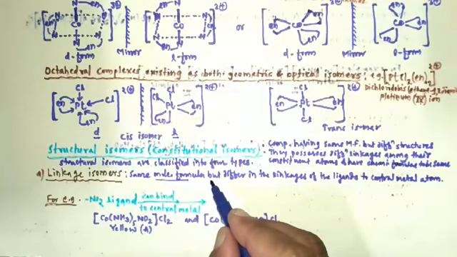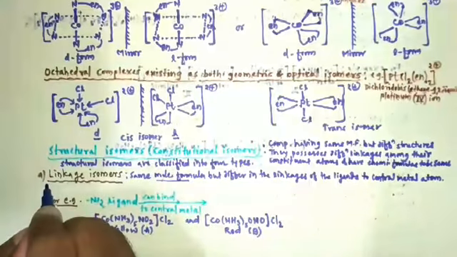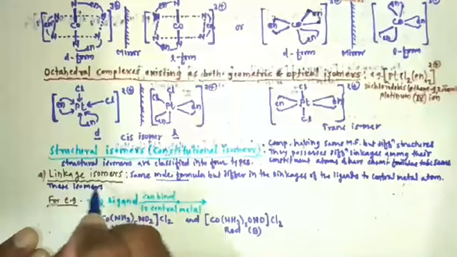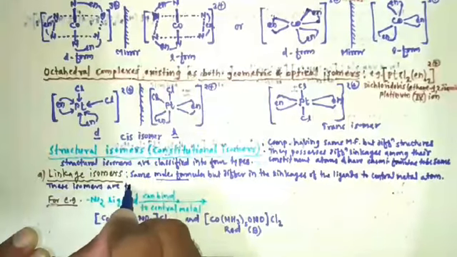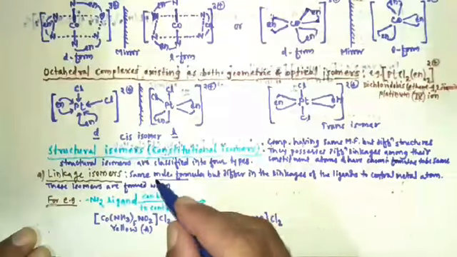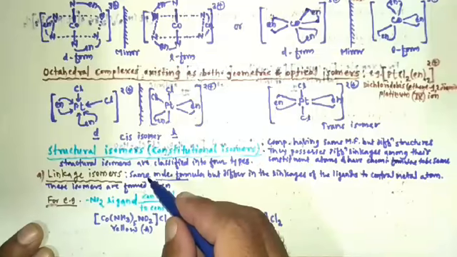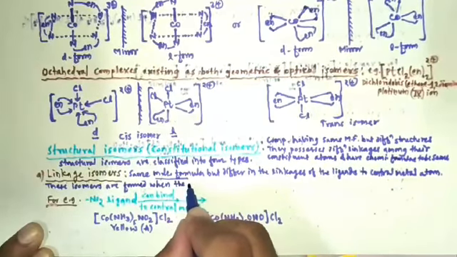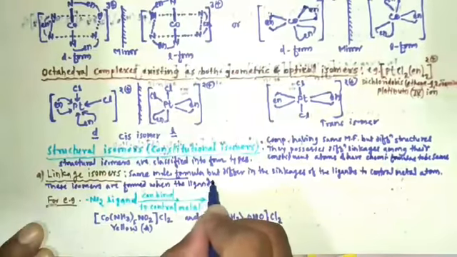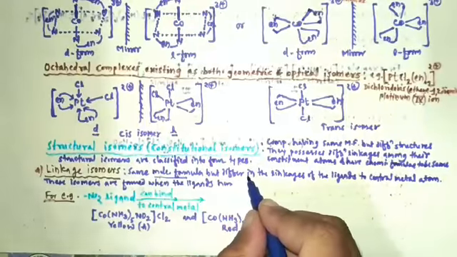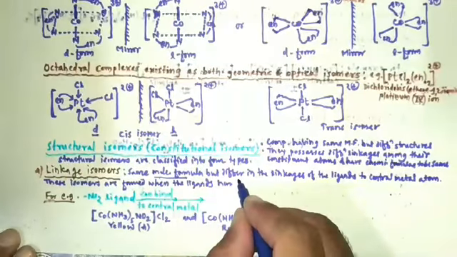These isomers are formed when the ligand has two different donor atoms.